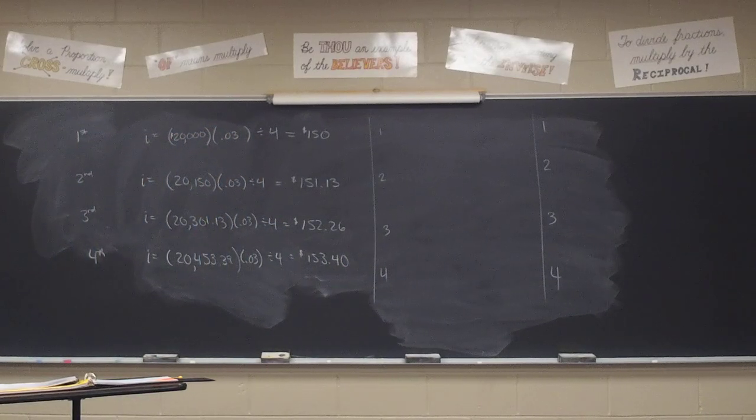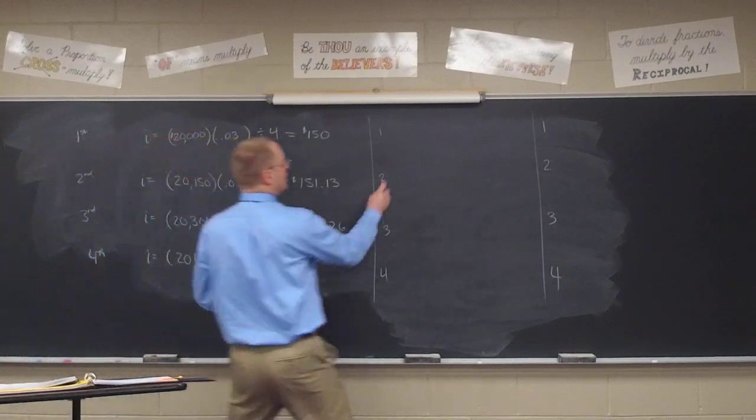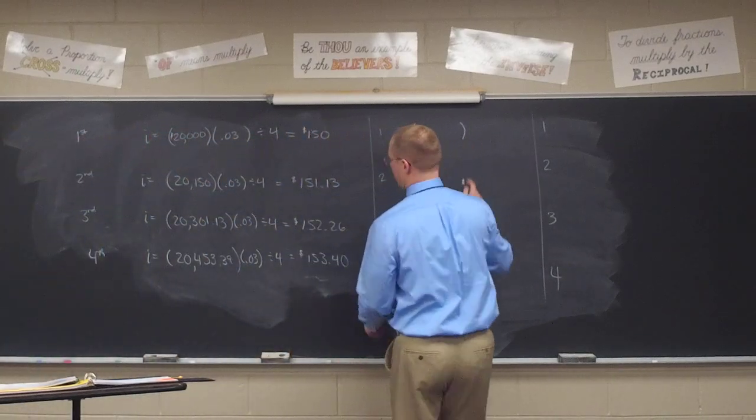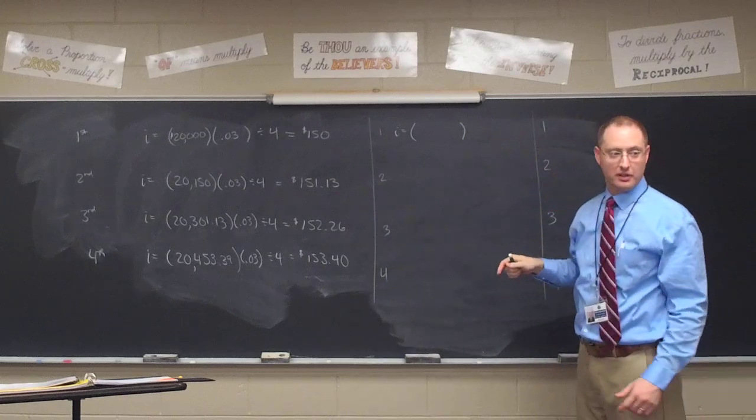How many of you have your first year done and everything looks the same as mine? Your first year is finished. You've got all the same numbers I've got through the first year. All right, then as we start the next year, what is the principal going into the next year?